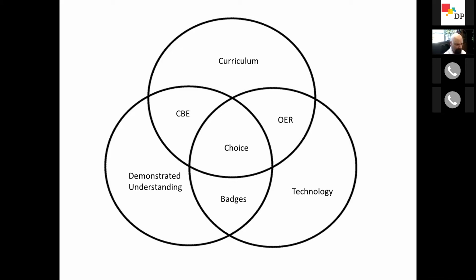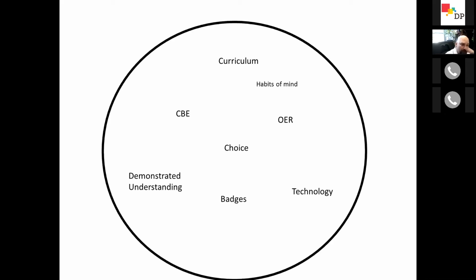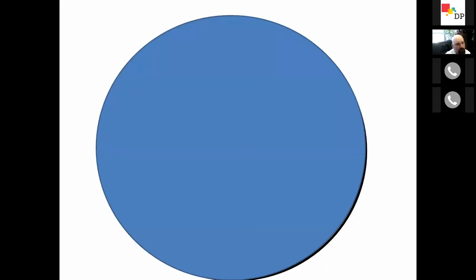I really believe that choice is overarching in all of these things and is integral to success in all of them. And when you think about that and then you add habits of mind, I think the new framework for all of it really comes to the notion of a portfolio and how we can capture and validate what kids do in a digital portfolio.